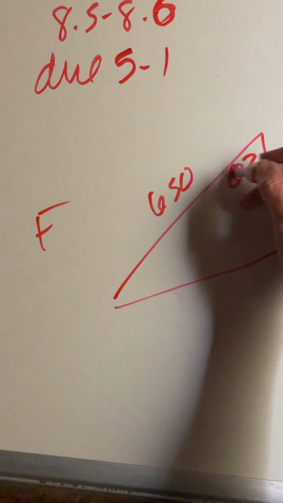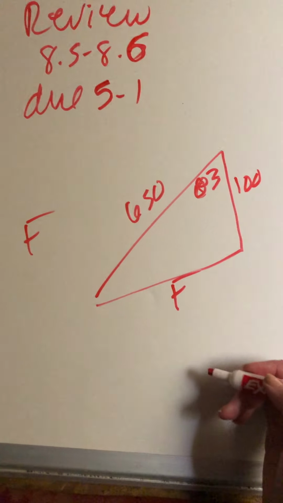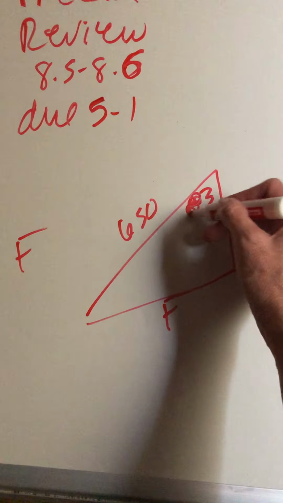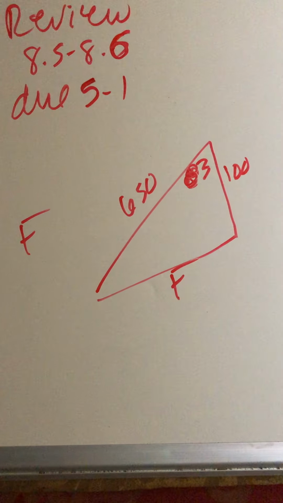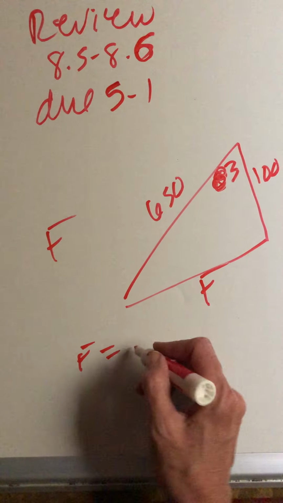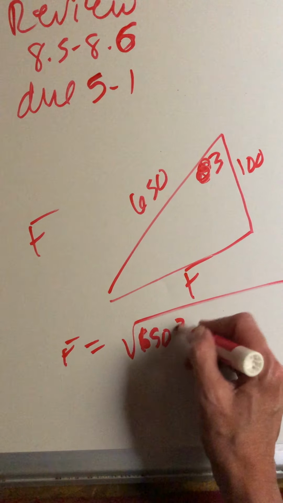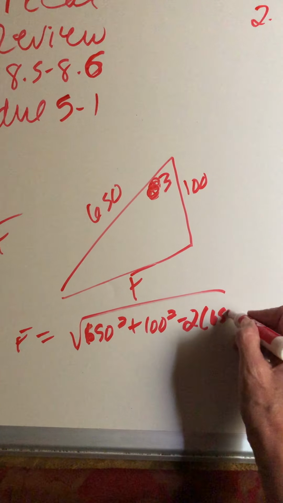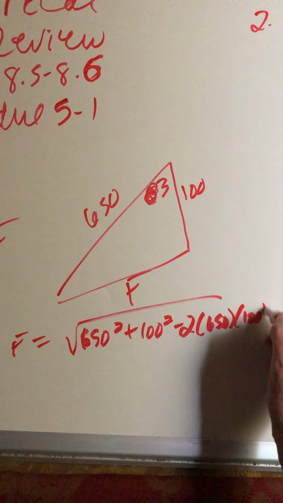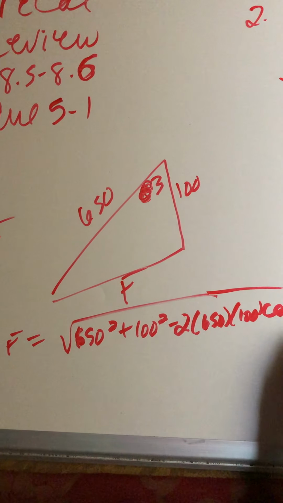Now, there's a real complicated way to use vectors on this, but we need to find F. Here's F. Guys, we can use law of cosines. It's an easier way to do it. That's what I showed you on the notes for the homework and stuff. So F is going to be the square root of 650 squared plus 100 squared minus 2 times 650 times 100 cosine 83.